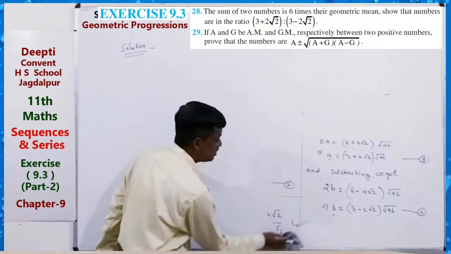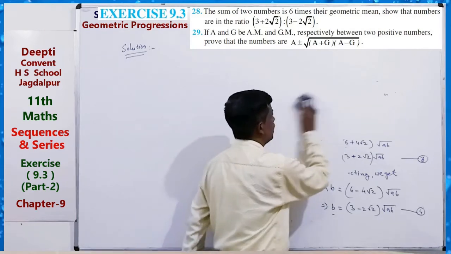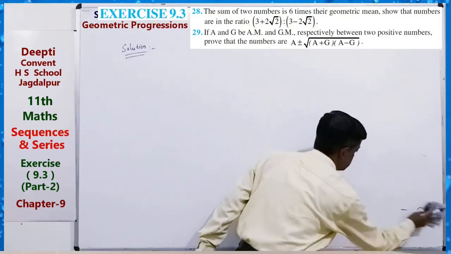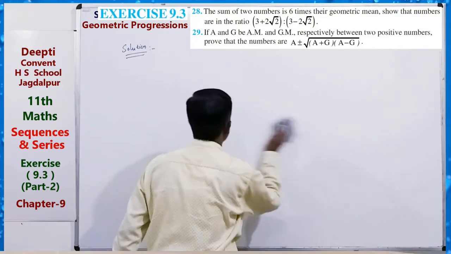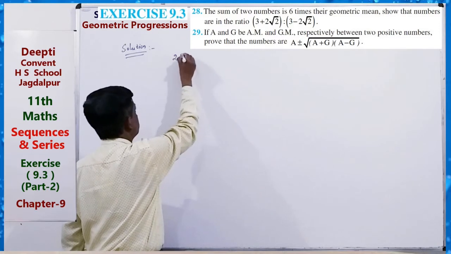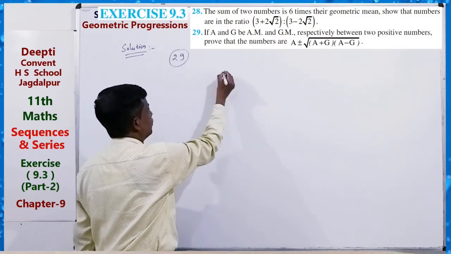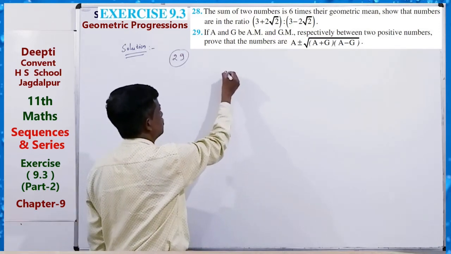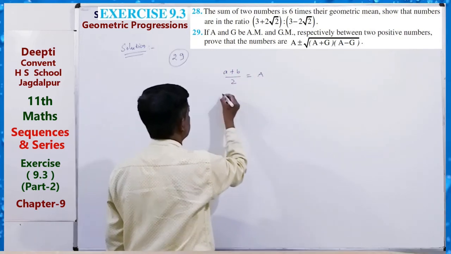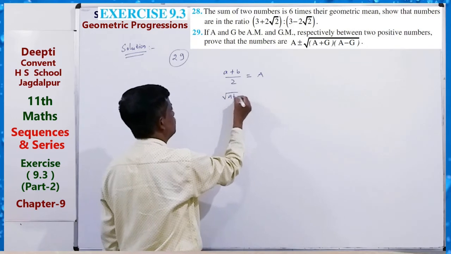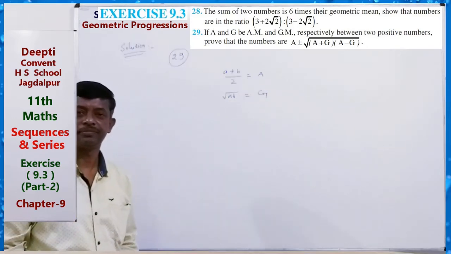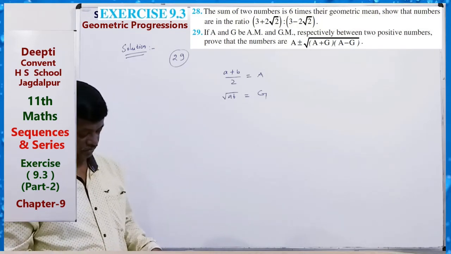Suppose the numbers are a and b, so a plus b by 2 equals A and root ab equals G. Clear?